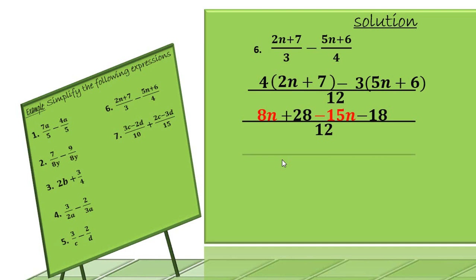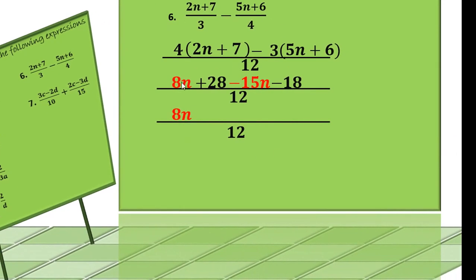We have 8n, then minus 15n, then plus 28 and minus 18. So when you simplify this, you have minus 7n, and plus 10.